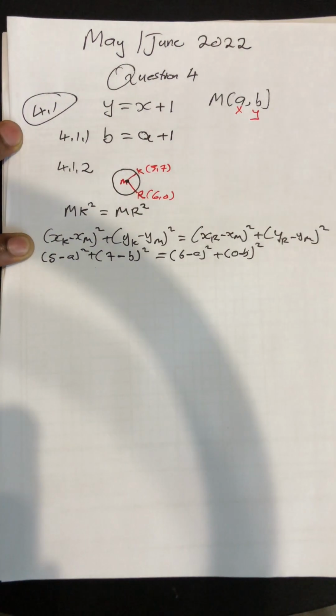So we are going to have something like this, and we already know that b is the same as a plus 1. So we are going to substitute b by a plus 1.